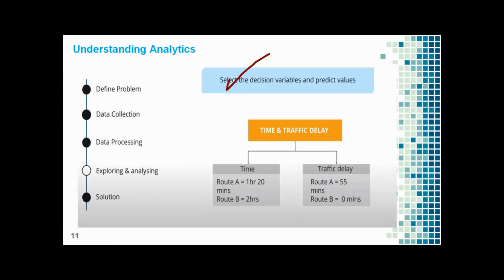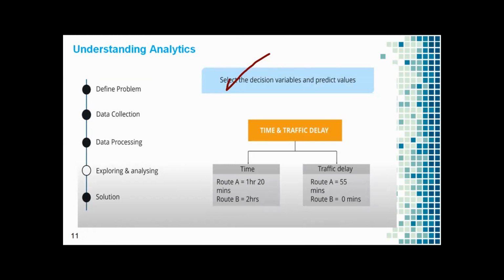Now we have to select the decision variables and predict values like the number of cars, number of bikes. Why? Because these things will affect the decision. If traffic is more, we cannot go through that path. So time and traffic delay is given over here, because that person goes through that road every day.